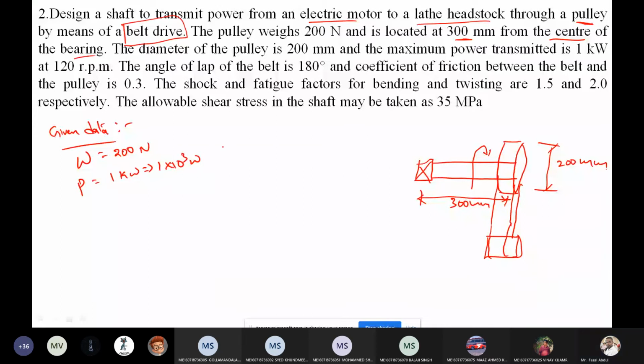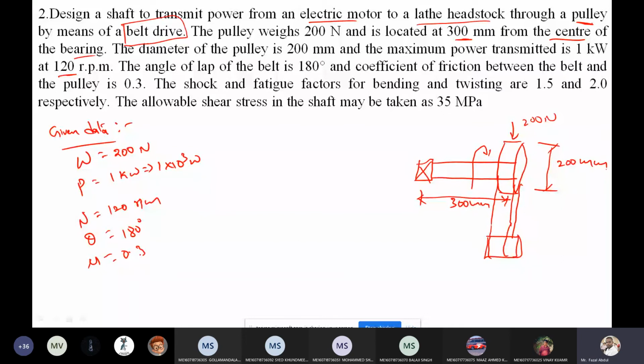The pulley weight is 200 newtons, maximum 1 kilowatt, running at 120 rpm. N value is given as 120 rpm. The angle of lap of the belt, theta, is given as 180 degrees. The coefficient of friction between the belt and pulley, mu, is given as 0.3.